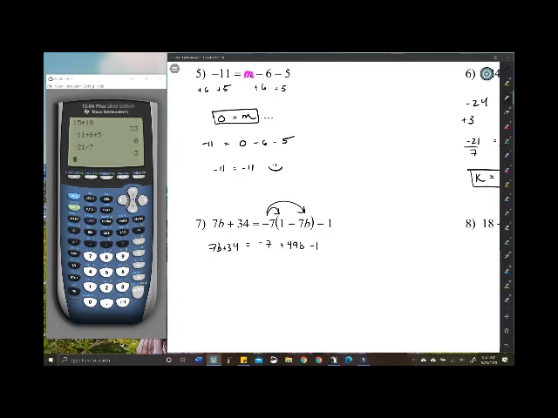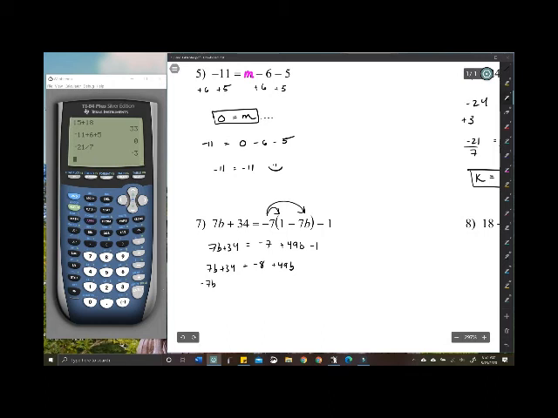What I would recommend is, well, let's still combine our like terms. Negative 7 minus 1 is negative 8 plus 49b and 7b plus 34. I'd recommend whichever side has the bigger variable, move the other b's over to that side. That way it stays positive.